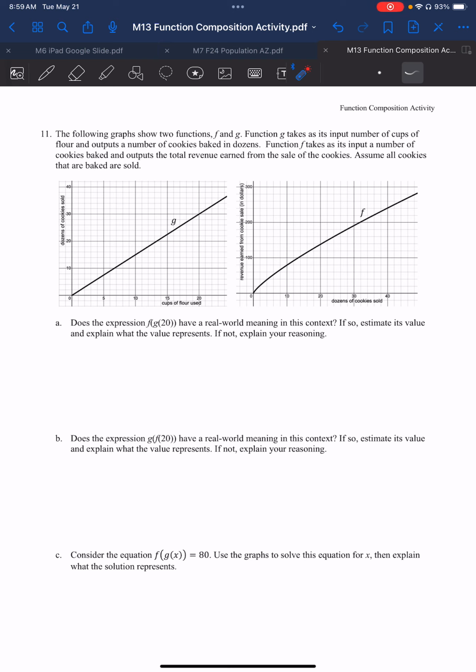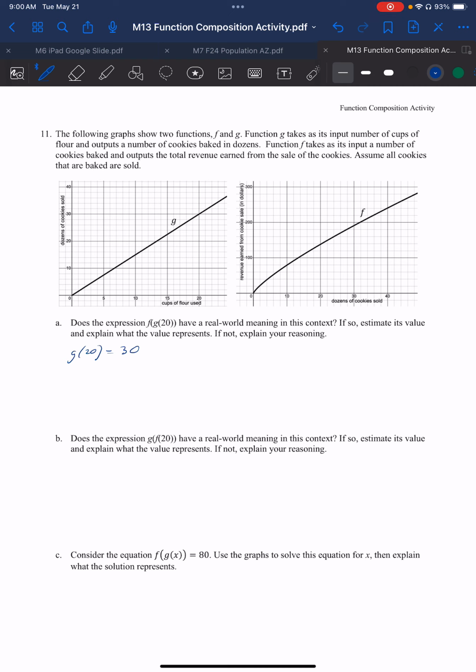So we start with f evaluated at g at 20. So 20 is my input into my g function. It looks like when the input to the g function is 20, the output is 30. So we would say, let me switch to a pen actually, g at 20 is equal to 30.